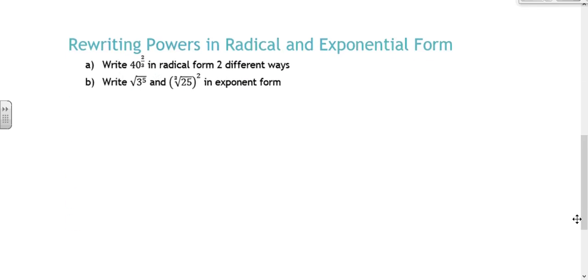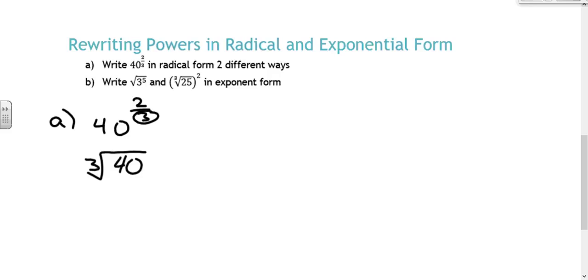If you want to rewrite these powers into radical form, I kind of gave you a hint of what I was doing before. If we look at A, it's 40 to the 2/3. What I said before is the denominator goes in the notch, the index. The power can either go here or here.